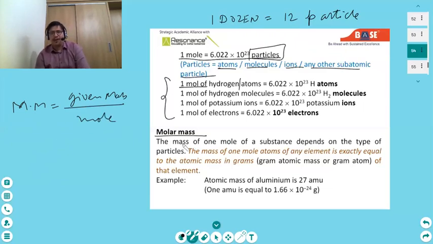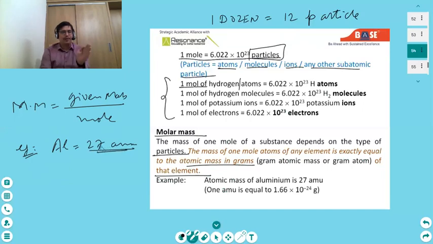Molar mass is the mass of 1 mole of a substance, and it depends on the type of particle. The mass of 1 mole of atoms of an element is exactly equal to the atomic mass in gram of that element. This is in short the definition of molar mass. For example, if I take aluminium, then aluminium's atomic mass is 27 AMU.